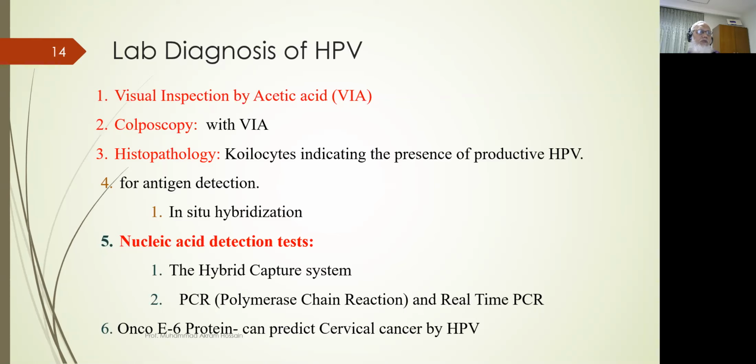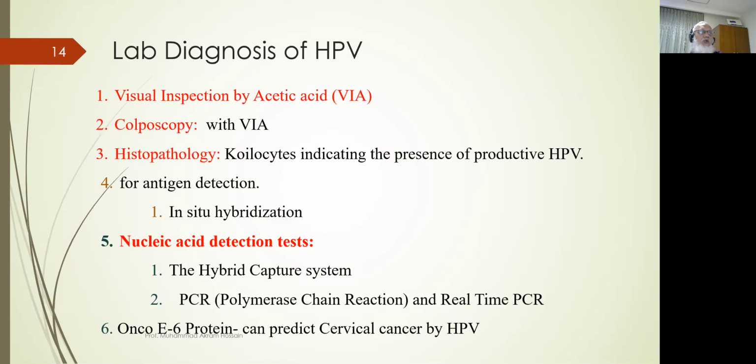Histopathology can be done, where koilocytes indicate the presence of productive human papillomavirus. For antigen detection, in situ hybridization is available. For nucleic acid detection, there are hybrid capture system, PCR, and real-time PCR.